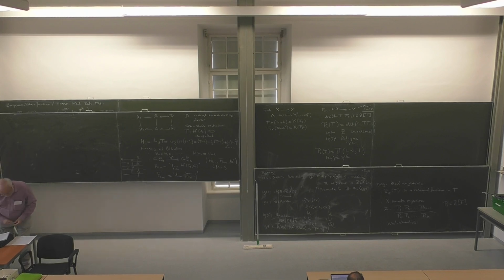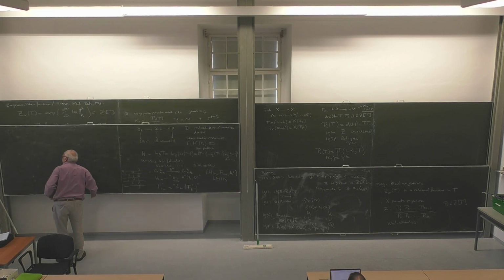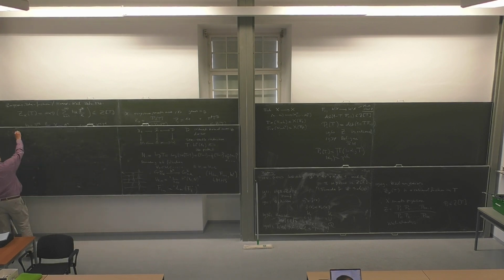And so let me remind you once more of what I told in the first lecture, the elliptic curve. So we have that a zeta function looks like this.